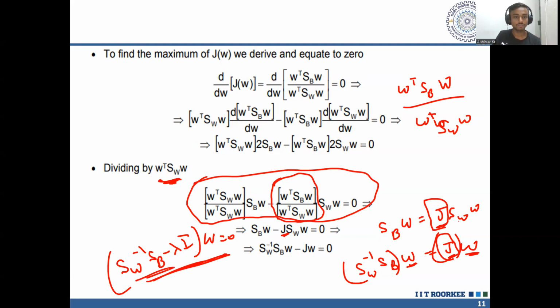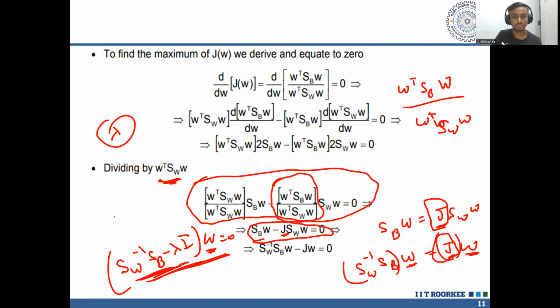Then after getting the maximum eigenvalue lambda, we calculate the W matrix. So this is the basic process behind this. This is our equation, and then we find W and project the original data onto W.